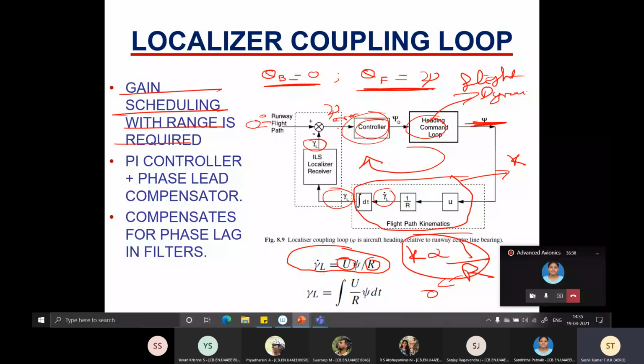Probably they can even sense it using distance measuring equipment, so you know exactly how much distance you are from the touchdown, and then change some parameter in the controller. So that gives a stable autopilot system.